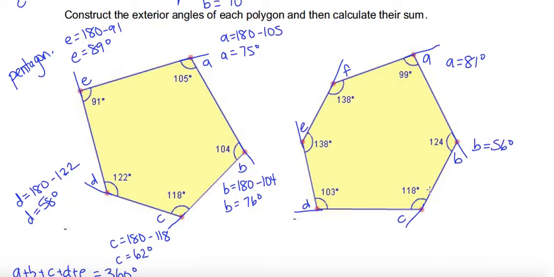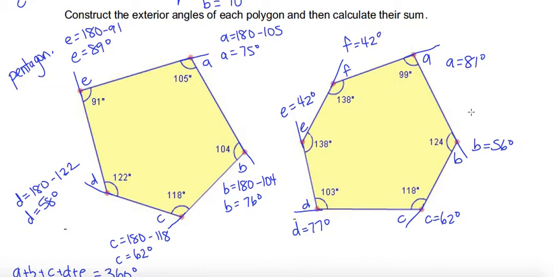C is 180, take away 118, that's 62 degrees. D is 180, take away 103, which is 77 degrees. E is 180, take away 138, which is 42 degrees. And F is 180, take away 138, which is also 42 degrees.